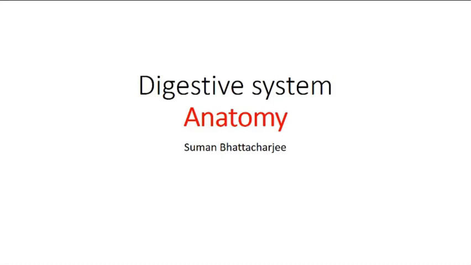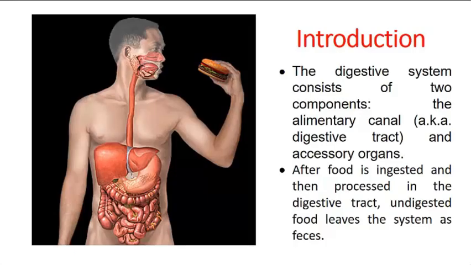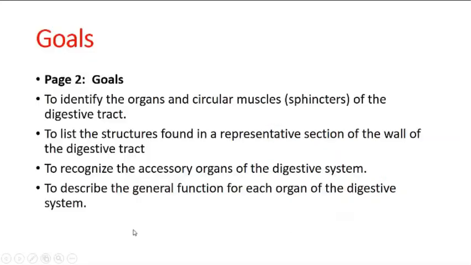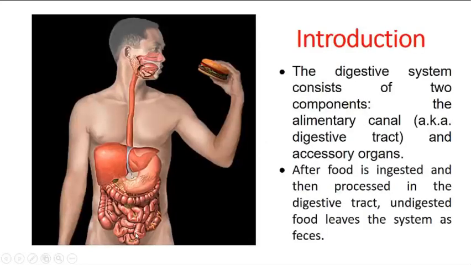Now let's move on to the introduction of this anatomy. The digestive system consists of two components: the alimentary canal that starts from the mouth and ends at the anus, which can't be visualized here though, and the second component, the accessory organs, like the liver, pancreas, gallbladder and so on.